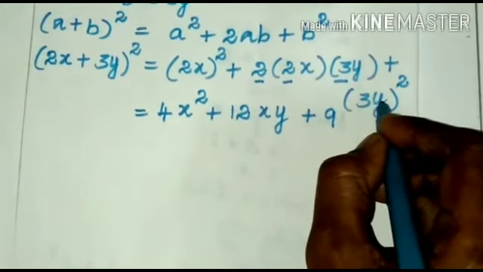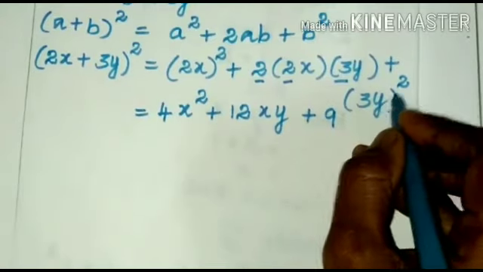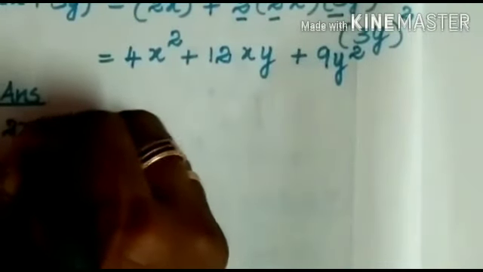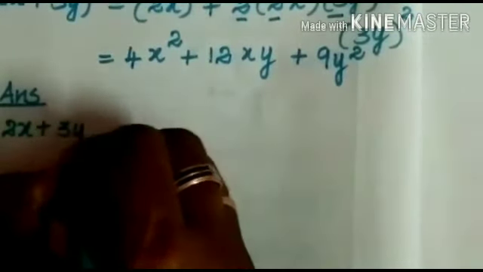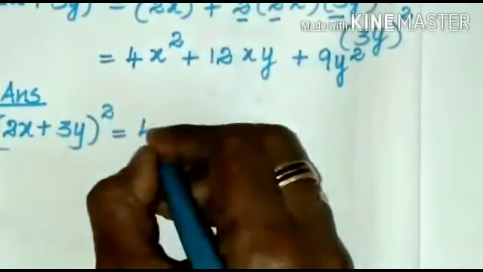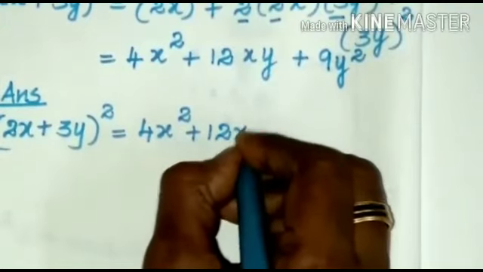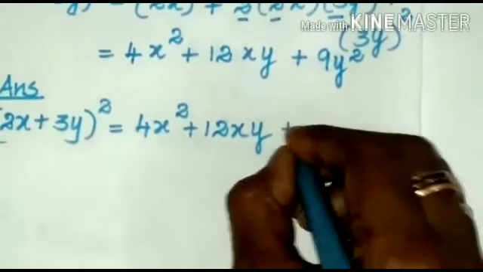Then we have to multiply the variable y into y. So y square. Therefore the answer is 2x plus 3y the whole square, which is equal to 4x square plus 12xy plus 9y square.